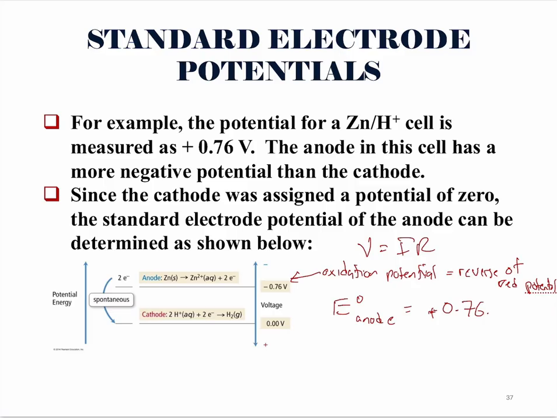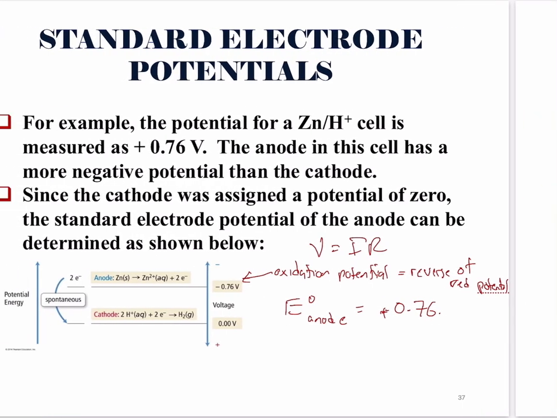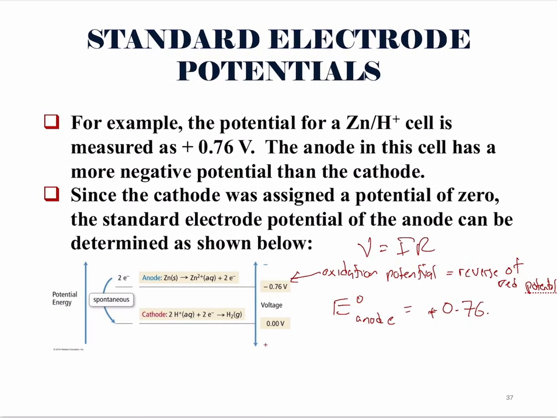So this is one of the ways we have to be careful when treating these systems. And I acknowledge that it seems unnecessarily complicated with all these positive and minus signs, but it's actually significant. If you get the sign wrong, it tells you that this is not a spontaneous process when it might actually be spontaneous. But this is how it's actually measured: we just set the hydrogen electrode as a value of 0.